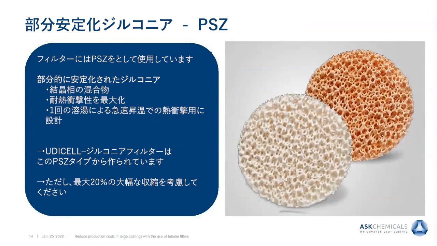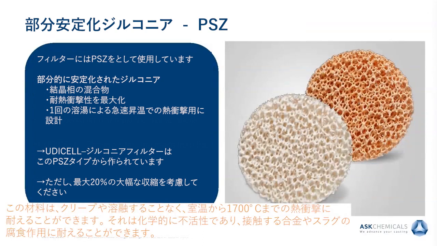Also this material is capable of withstanding the thermal shock from room temperature to 1700 degrees centigrade without creeping or melting. It is chemically inert and therefore able to withstand the corrosive effects of the alloys and the slags with which they come in contact.